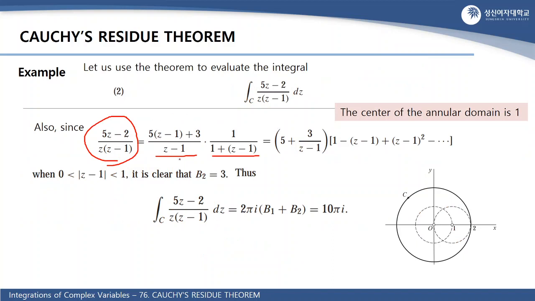The first part is (5(z minus 1) plus 3) divided by (z minus 1), times the second part, which is 1 over 1 plus (z minus 1).